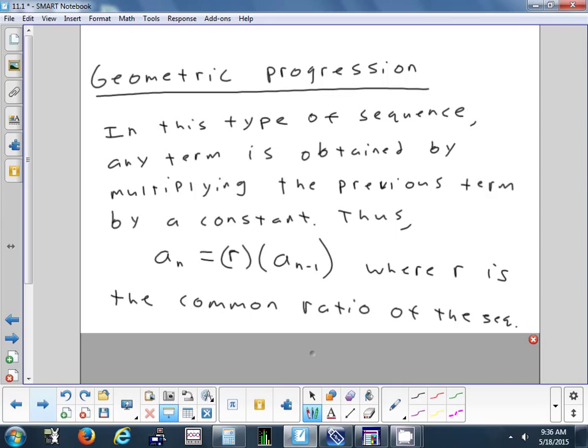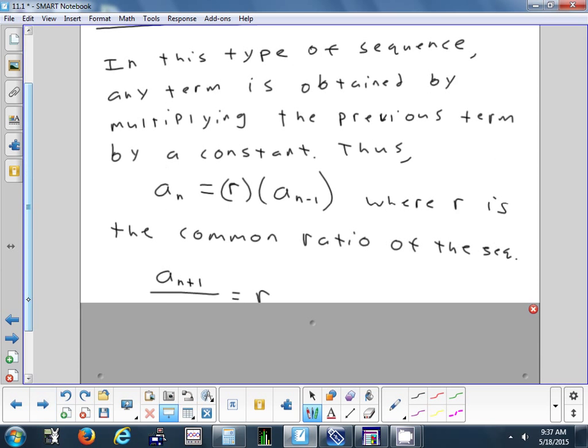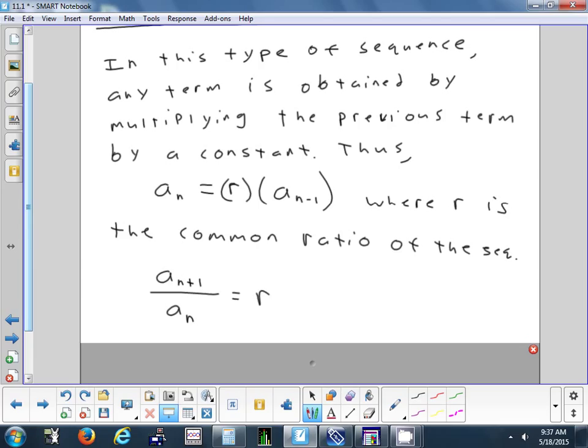Right, so this is how we could define it recursively. To get a term you want, take the one before it, multiply by r. This time, r isn't the common difference, it's the common ratio. It's kind of like the common difference, but we're dividing to find what it is.